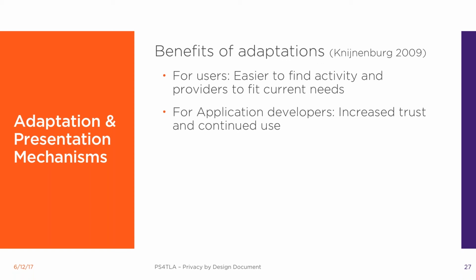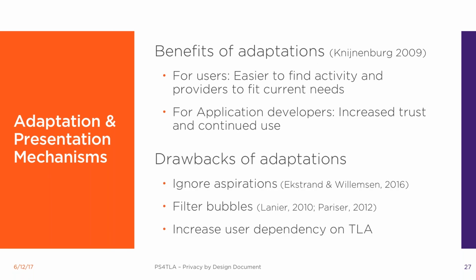On the other hand, adaptations tend to focus on users' current desires rather than their future goals. And for learning, obviously what is very important is users' future goals. So aspirations are very important. Another problem is filter bubbles, in that when we give users learning recommendations based on their presumed preferences, they may feel like they're limited to the set of things that are recommended by the system, rather than being able to venture outside this.